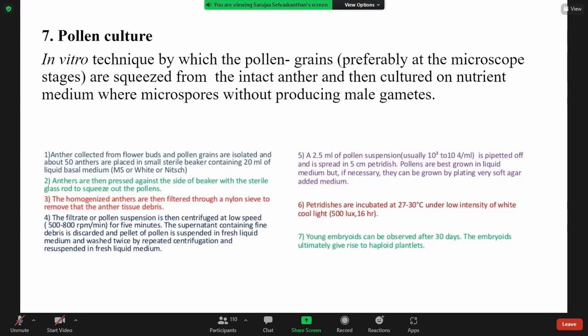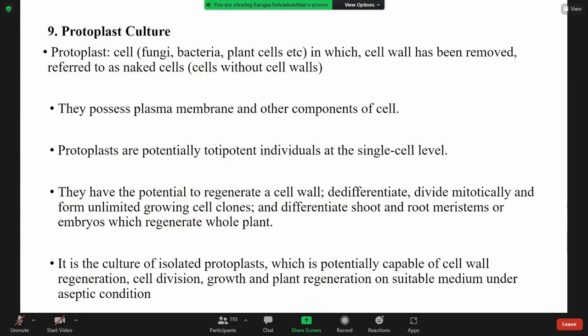Most of the time, liquid media is the best media for pollen culture. Then we incubate it, and from that, organogenesis or embryogenesis, whatever it is, we can produce. That is also a haploid plant.